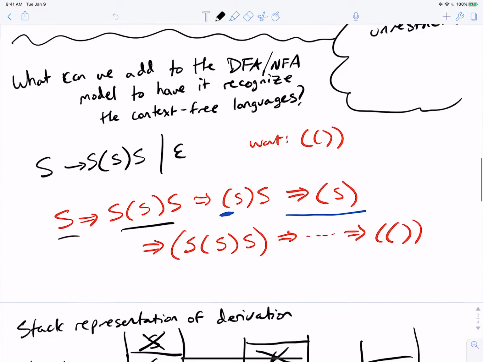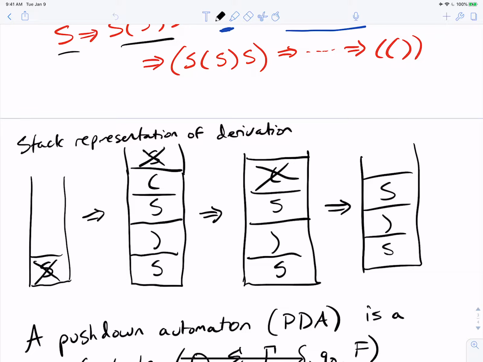We had this grammar right here, where we were looking at balanced parentheses, and we simulated the derivation on the stack to figure out whether we could generate the string we were interested in.